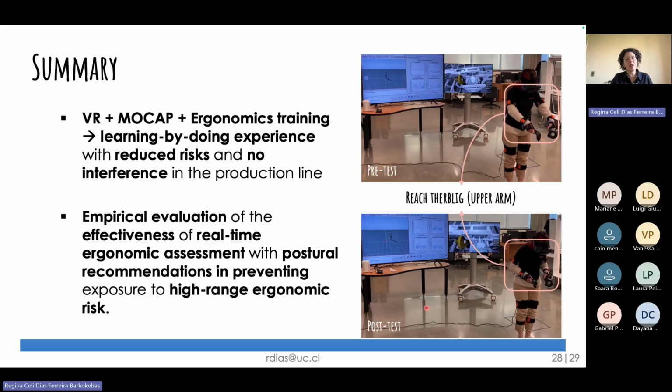And also, because we had a larger group of participants and we had a control group, we can have an empirical evaluation of the effectiveness of providing real-time ergonomic assessment during a training session. Also, again, a focus on preventing ergonomic risks.